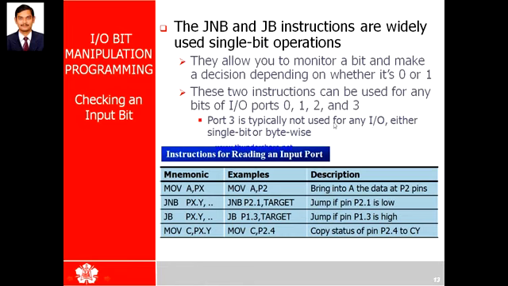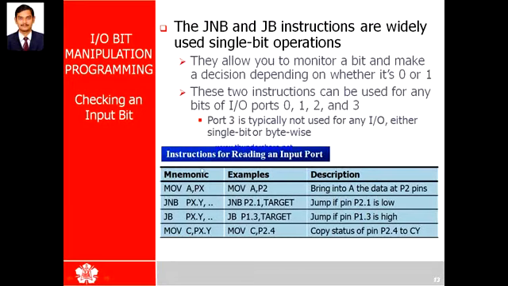This is exceptional, port 3, because it consists of additional functions like serial communication, timer, data signal. So especially port 3 we will not use for IO, either single bit or byte-wise. It will be reserved for the other additional multifunction operations.